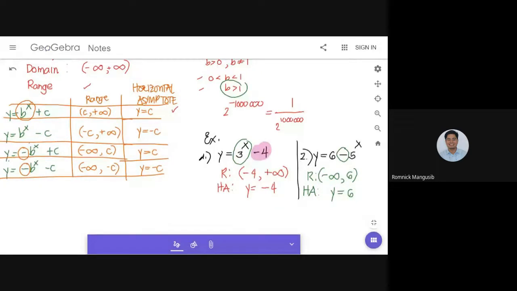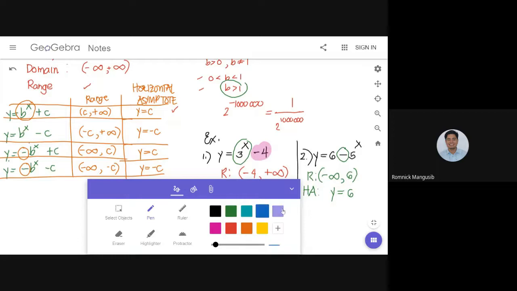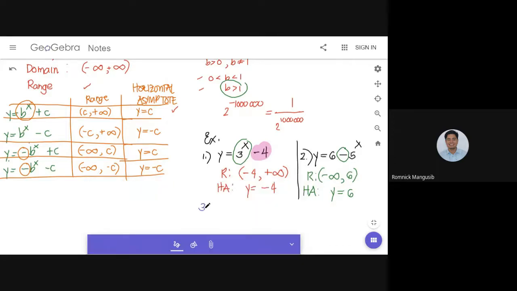So in the first example, we have positive 3 raised to x. The second one is negative of 5 raised to x. So I guess it's your turn. May you please identify what is the range and the horizontal asymptote of y is equal to 0.002 raised to x plus 1.